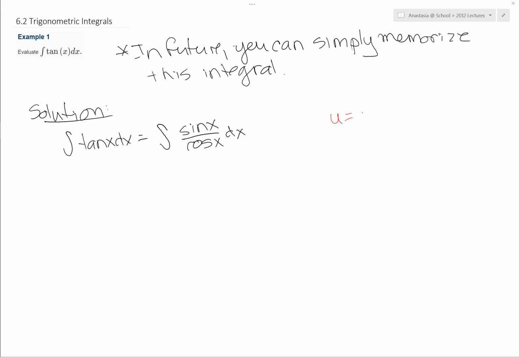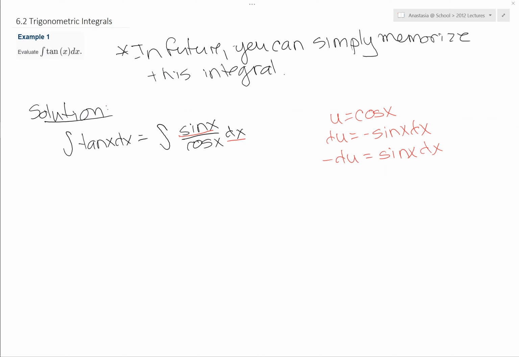Specifically, we're going to say let u be the cosine of x. Now, that means that the derivative is going to be negative sine x dx. So notice we have a sine x dx in our integrand, so I'm going to move the negative over, so I have a negative du is equal to sine x dx.